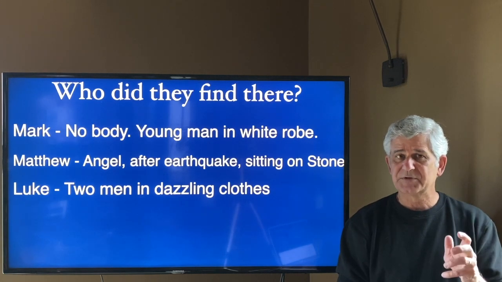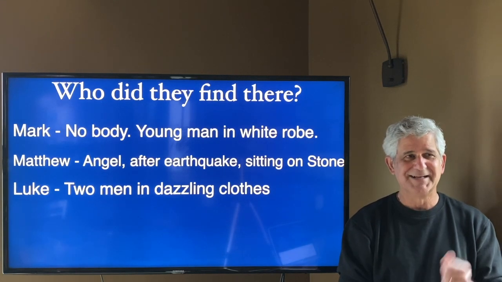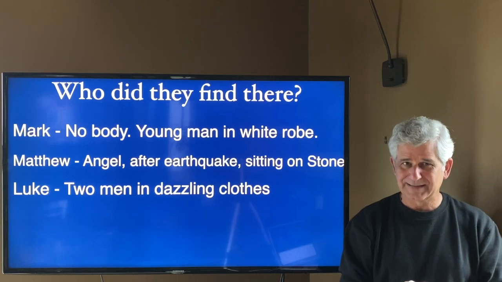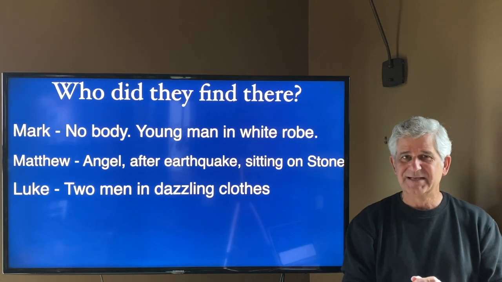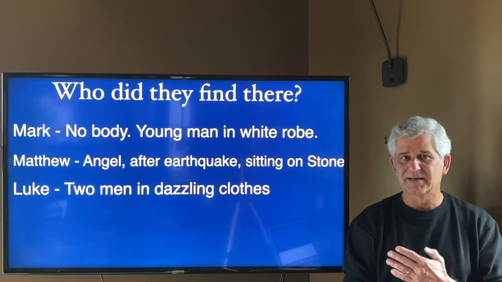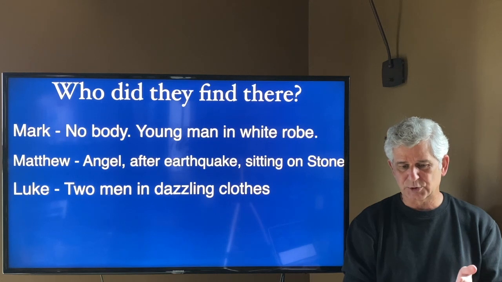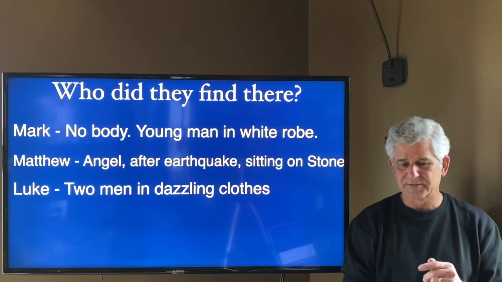It was a full-time job for fullers to try to make robes white. That was a difficult thing to achieve in these days. So again, we speculate that this is a reference to two angels, but it's two, not just one, as it was in Mark and Matthew.